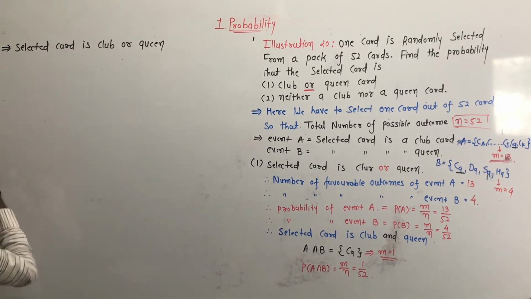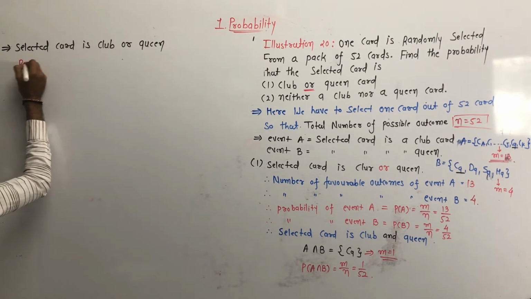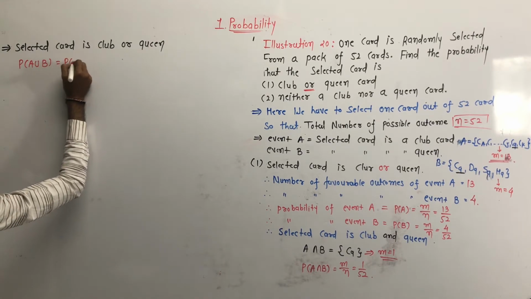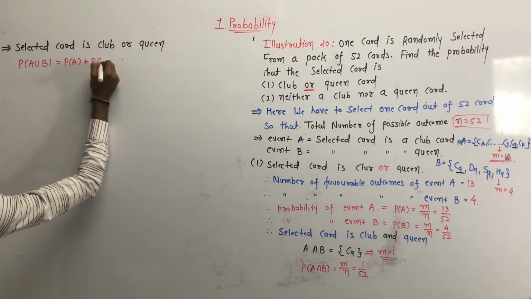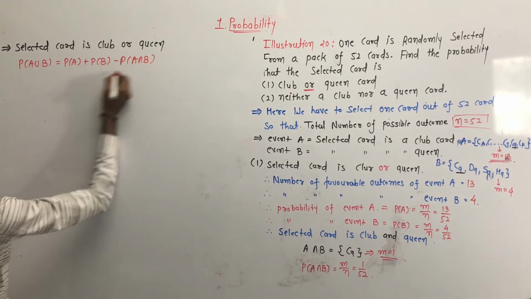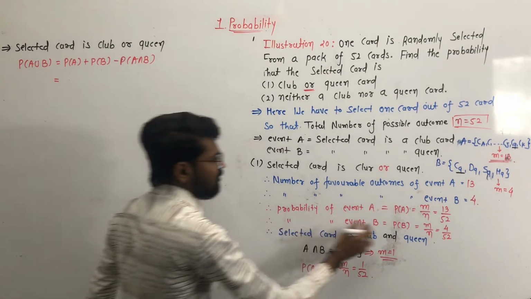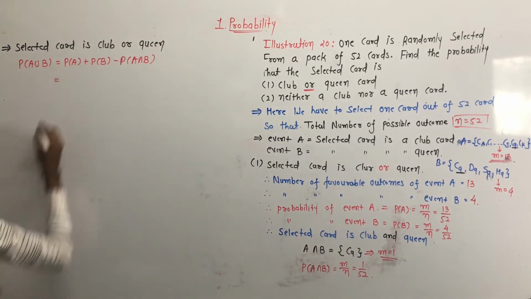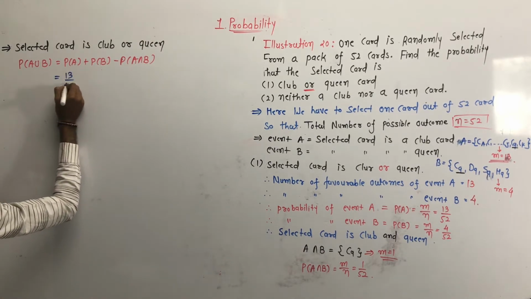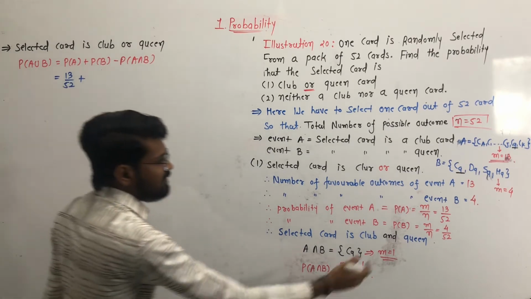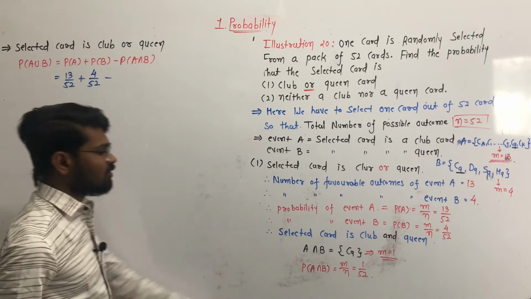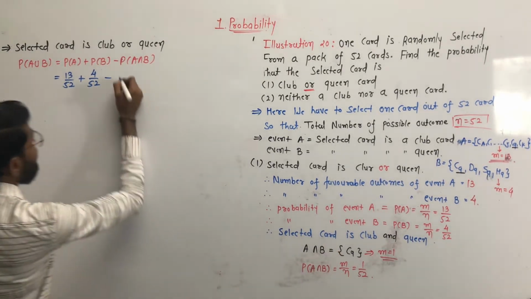So we have to find the probability of A union B, and the formula for it is: probability of A union B is equal to P of A plus P of B minus P of the intersection of events A and B. P of A is equal to 13 by 52, P of B is equal to 4 by 52, and P of A intersection B is equal to 1 by 52.